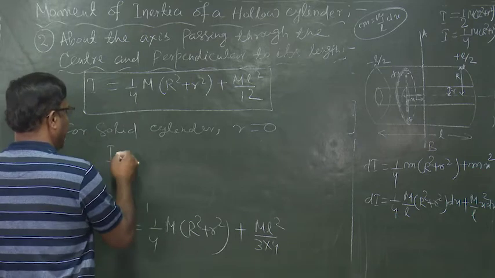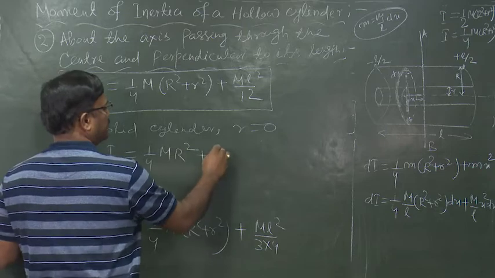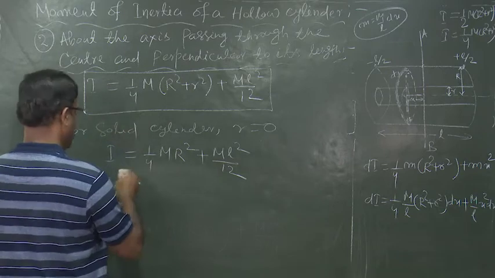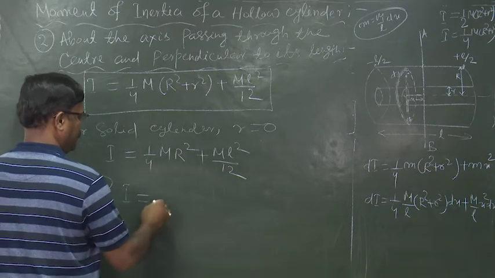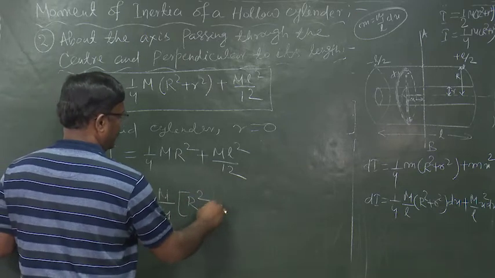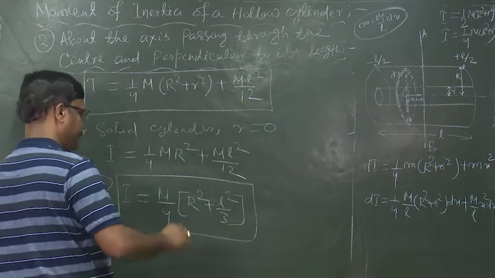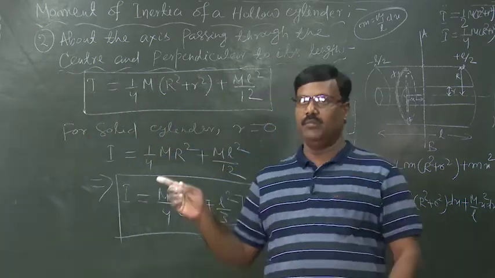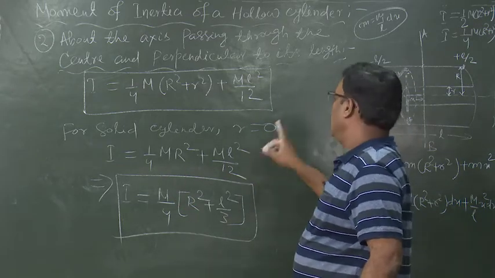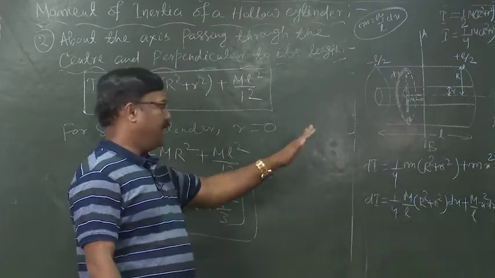So, this I becomes 1 by 4 m r square plus m L square by 12, which implies I is equal to m by 4 taken outside, it is r square plus L square by 3. This is the expression for the moment of inertia of a solid cylinder about an axis passing through its center and perpendicular to its length.